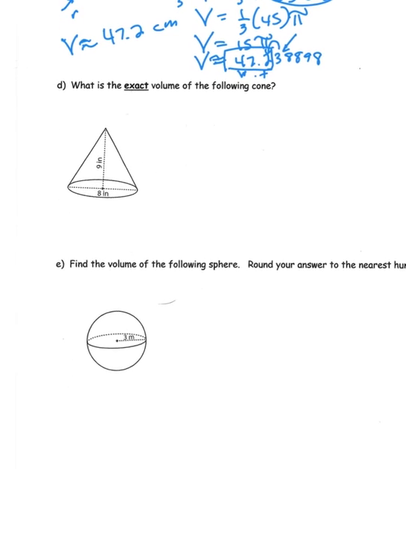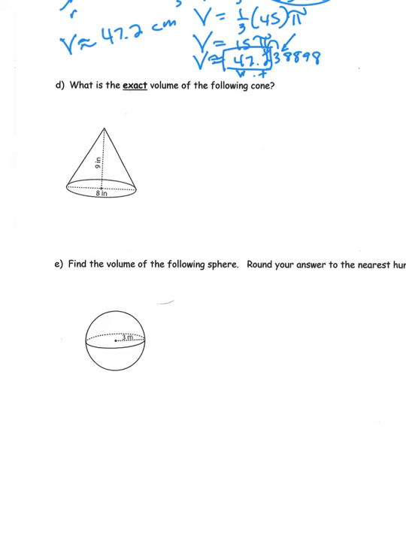For our next cone, we're asked to find the exact volume, and you're going to notice that they don't give us the radius, they give us the diameter. Since the radius is 1/2 of the diameter, we're going to find 1/2 of 8. So our radius equals 4 inches.